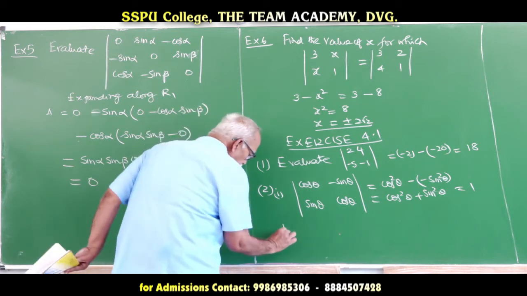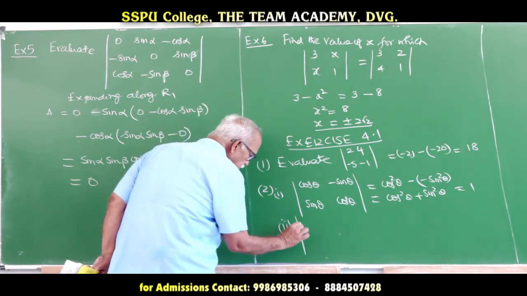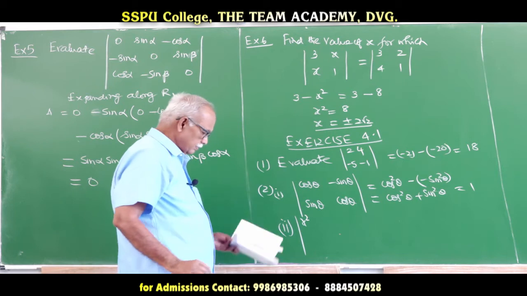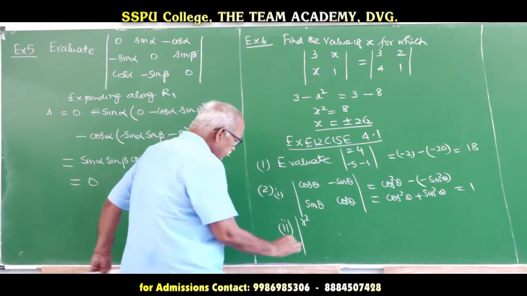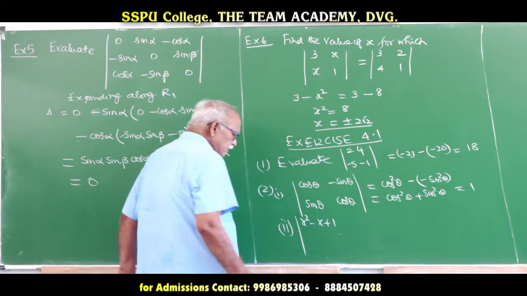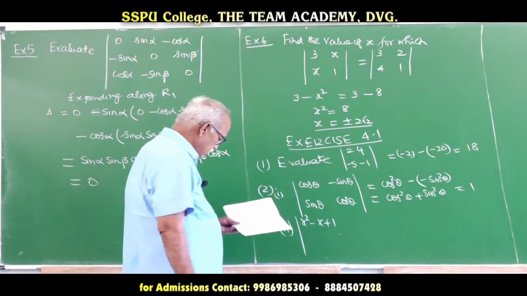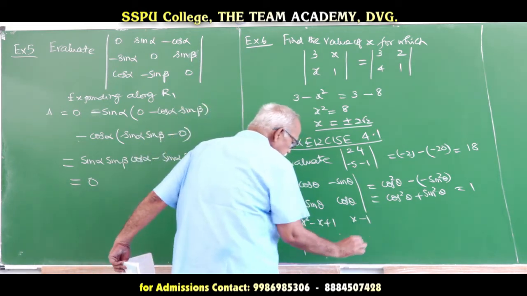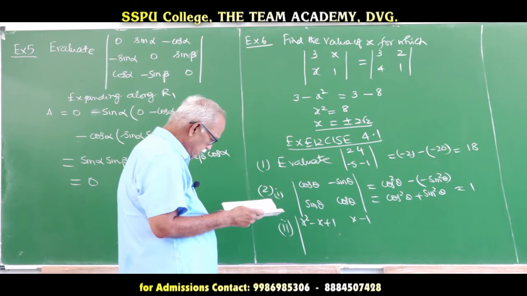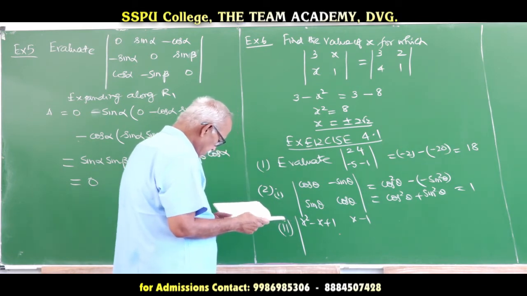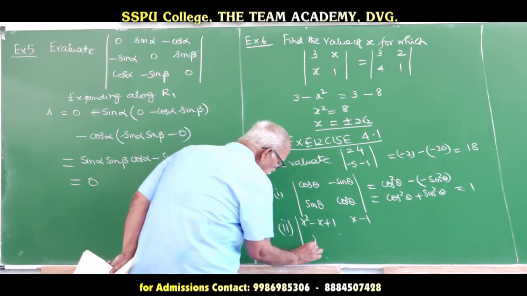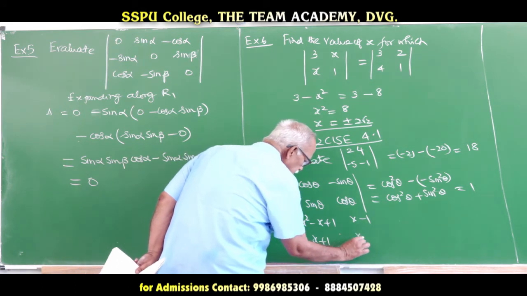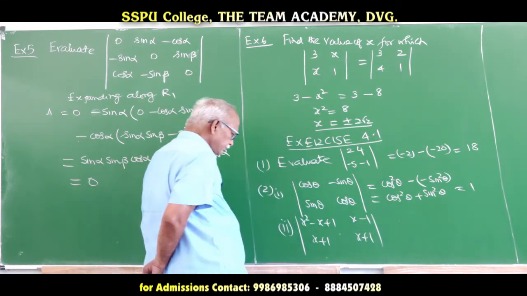Now, let us take another one. x square minus x plus 1 first element, x minus 1 second element, then we get x plus 1, x plus 1.